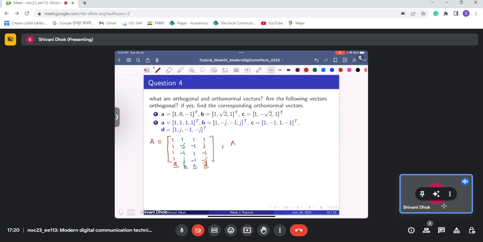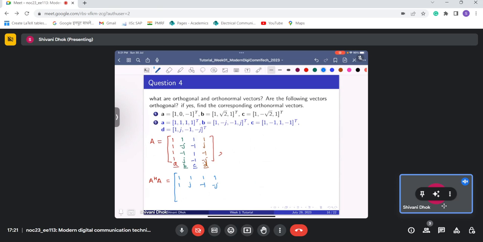And what we want to see is A Hermitian A. Let me write it below. We need to see A Hermitian A, that is equal to A Hermitian, which is 1 1 1 1, 1 j minus 1 minus j.